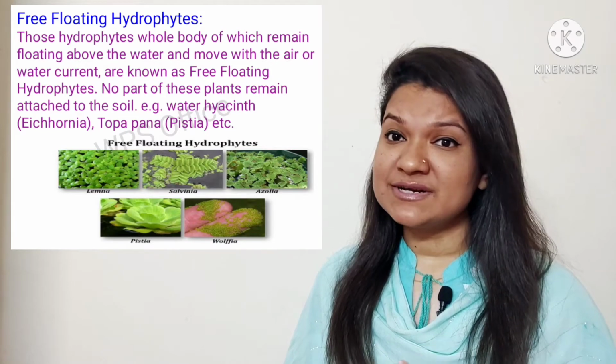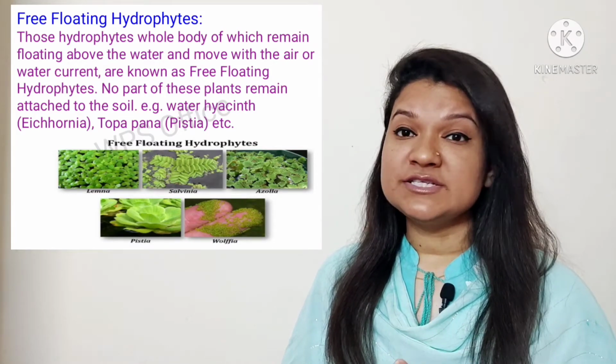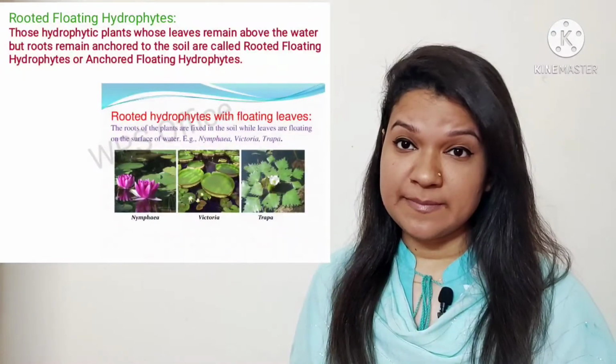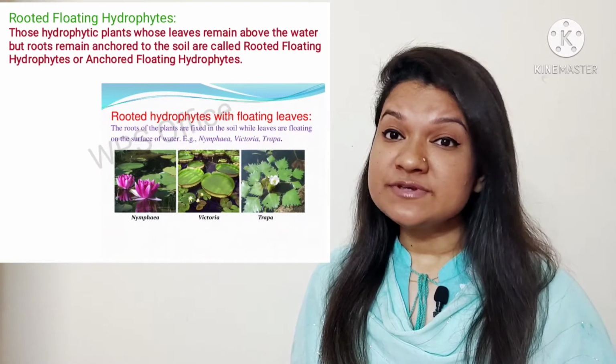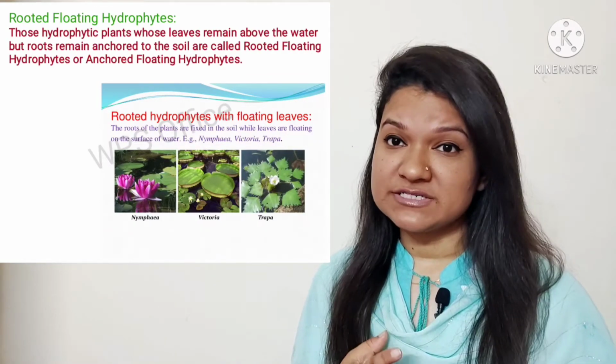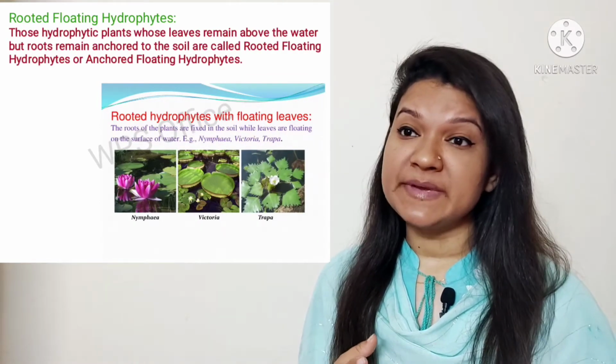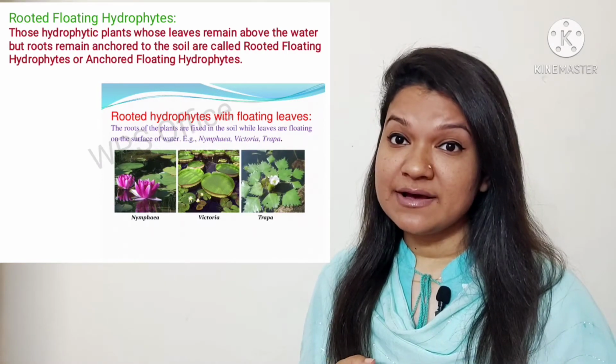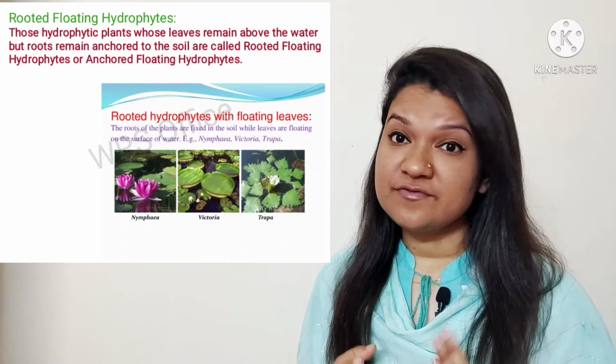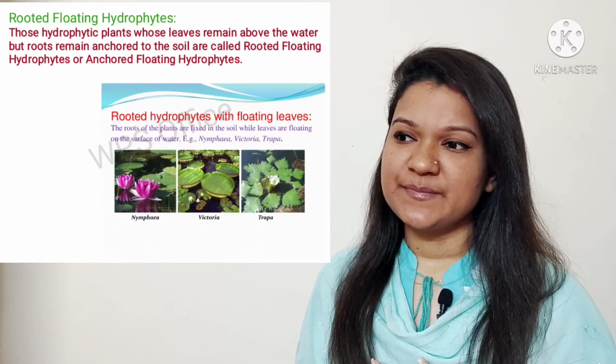Examples are water hyacinth and topapana. Rooted floating hydrophytes: those hydrophytic plants whose leaves remain above the water but roots remain anchored to the soil are called rooted floating hydrophytes.